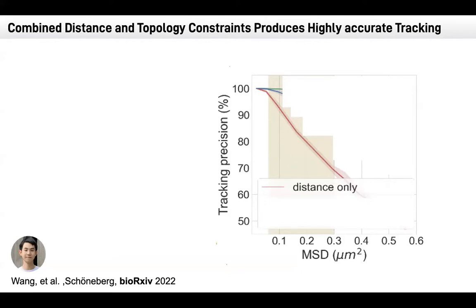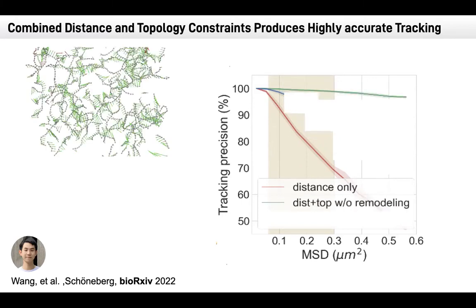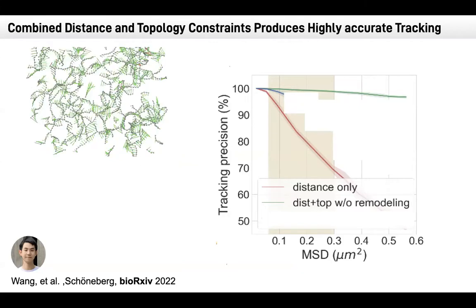The x-axis here is essentially the frame rate of your microscope, and the yellow area is what our lattice light sheet can do, between 1 volumetric frame a second and 0.2 volumetric frames a second. With distance only, you lose it super quickly. There's no way we can track this. However, when we go for distances plus topology, suddenly our accuracy is amazing.